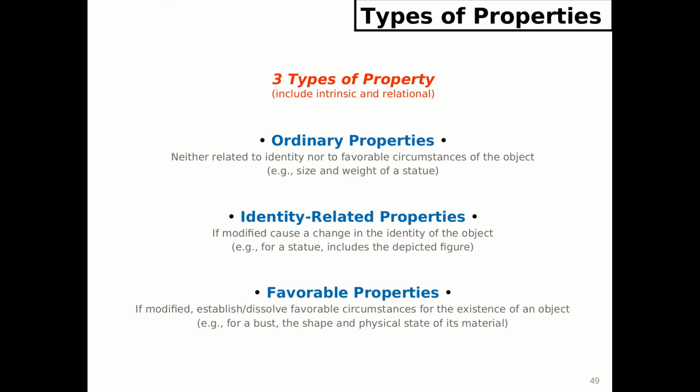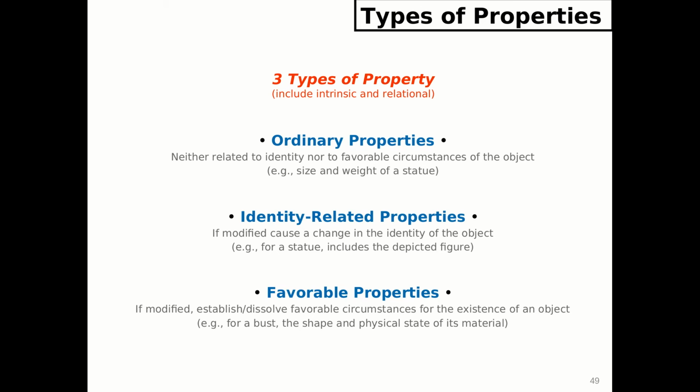Second, we have the identity-related properties, which are those that, if modified, cause a change in the identity of the object. Again, for a statue, it would include the figure that's represented by the statue. For example, if you have a statue that represents a person and you reshape the statue to represent another person, you no longer have the same statue.